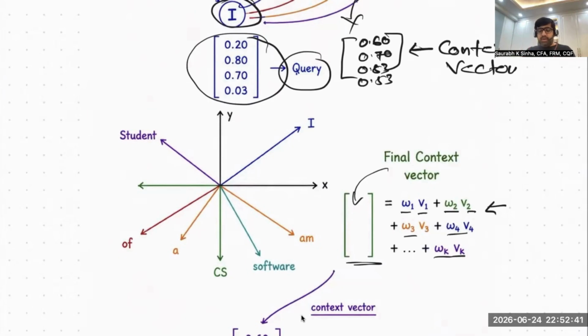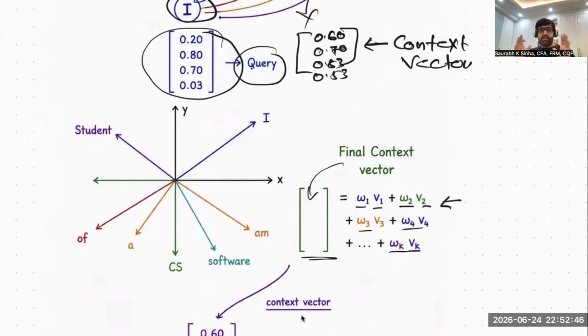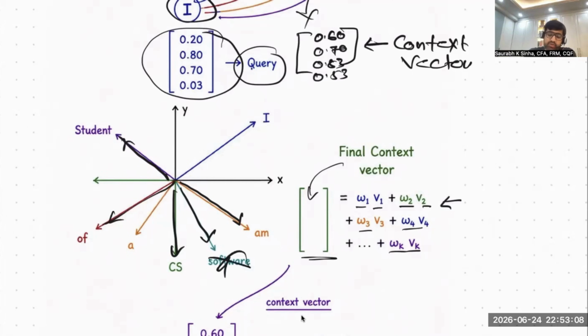What is actually happening? If you try to see it on a vector space, or a two-dimensional space, this was your query vector, right? Now these were your other vectors: am, a, student, of, cs.